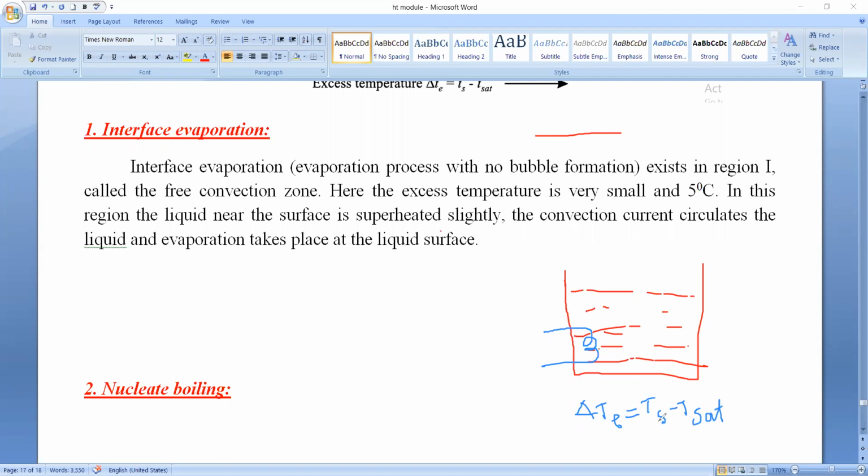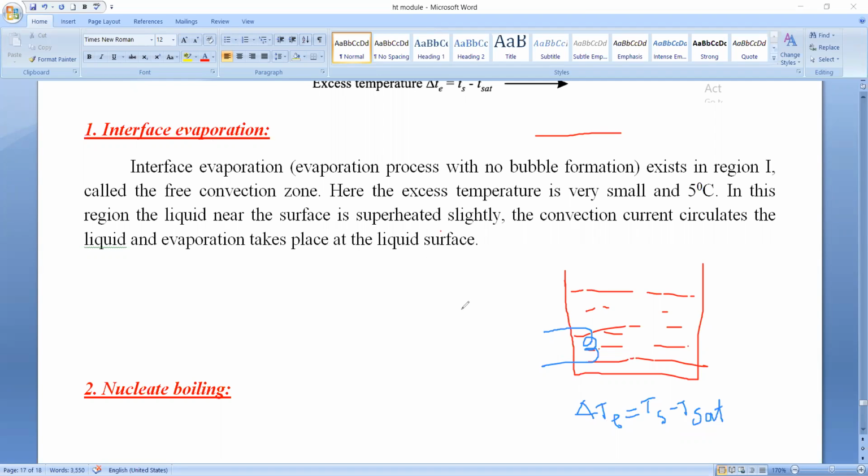If the difference between these two is approximately equal to 5 degrees centigrade, then that region is called interface evaporation.